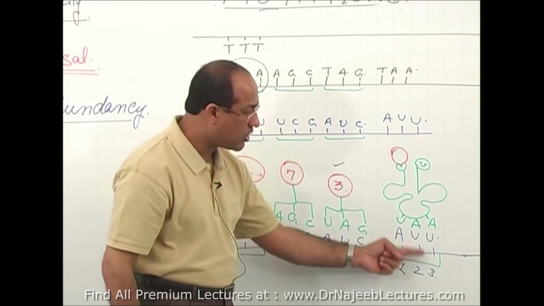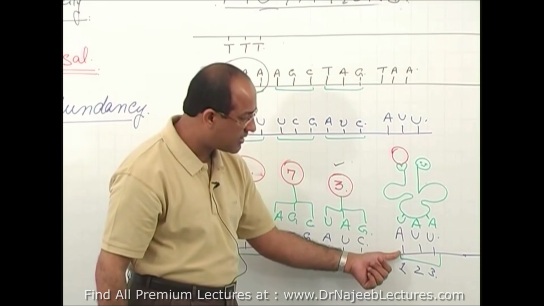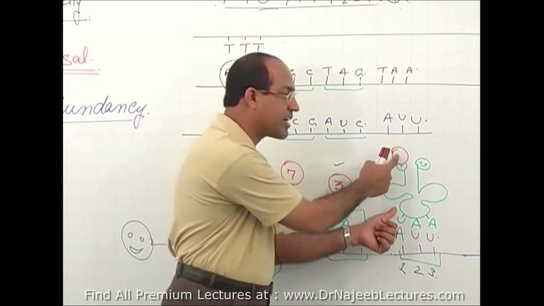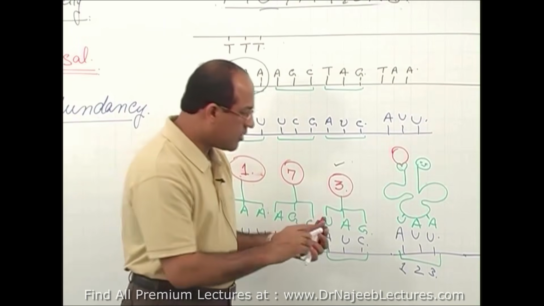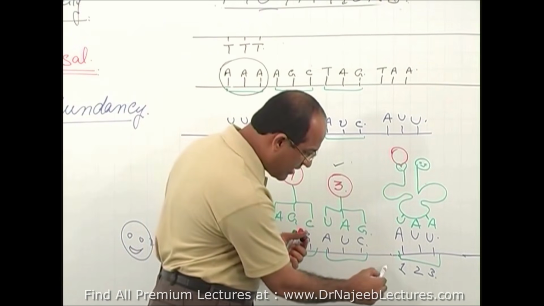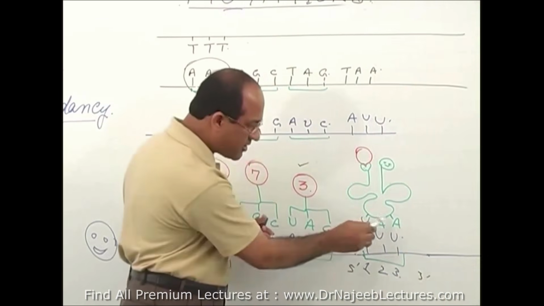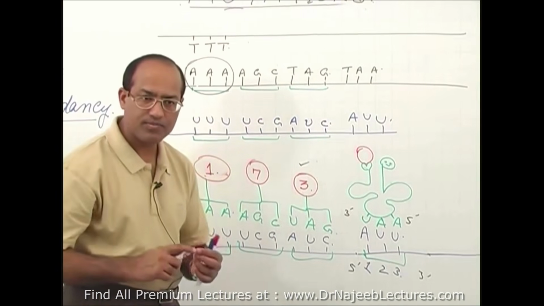The backbones of both sides should be anti-parallel. If this is 5' end, then this cannot be 5' end, this has to be 3' end, and amino acid is carried on 3' end, right? Now, it means for this particular messenger RNA, this is 5' end and this is 3' end, but in this case, this should be 3' end and this must be 5' end.